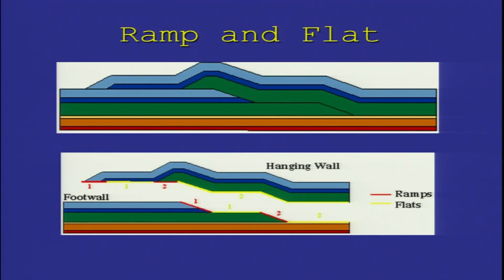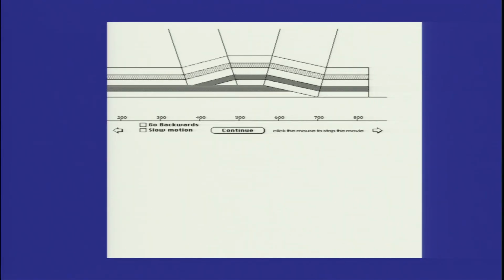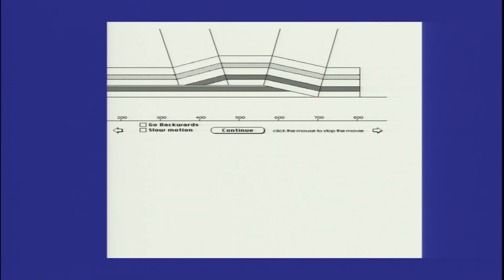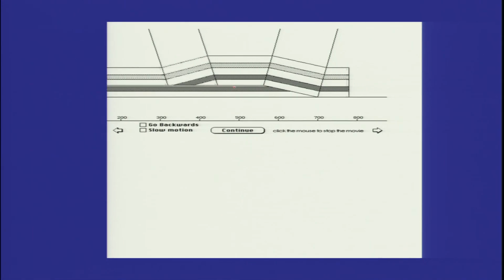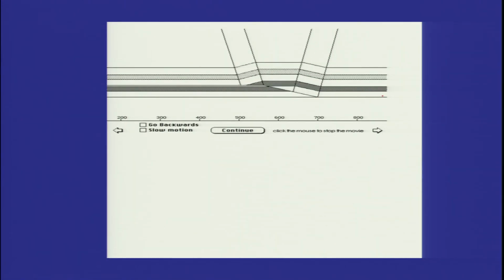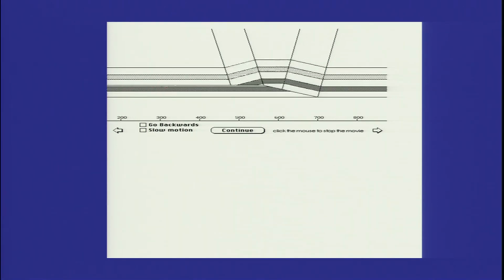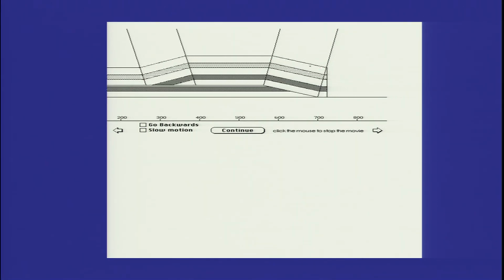Ramp and flat structure is one of the most common in the compressional tectonic environment. So, this is what has been shown here. You have the displacement taking place from this place, and then you have the ramp here. This is a flat, then you have a ramp, and then another ramp is developing over here, which results in the folding.